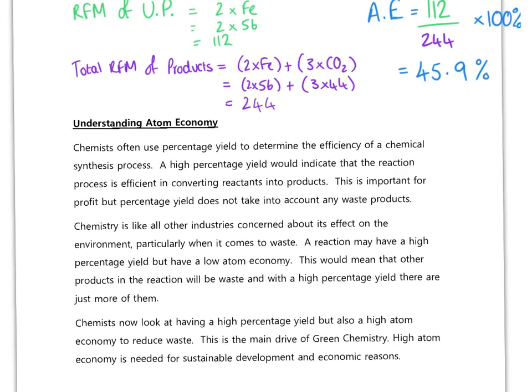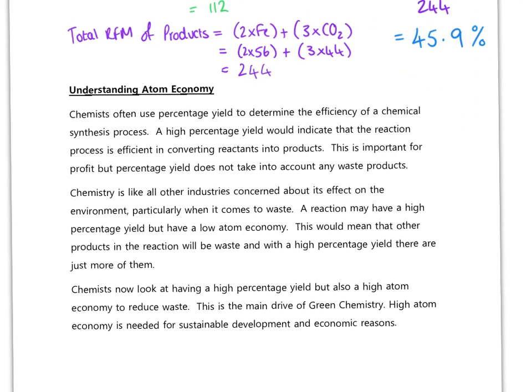But this is an area of chemistry called green chemistry, which looks at environmental chemistry and at how we can incorporate as much of our reactants into useful products as possible. It goes without saying that the higher the percentage, the better the atom economy. We're converting more of our reactants into useful products, and there's less being produced as waste.